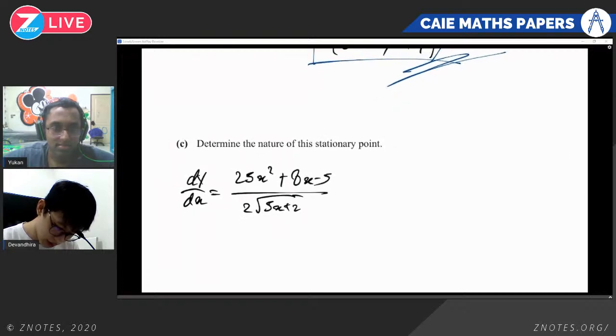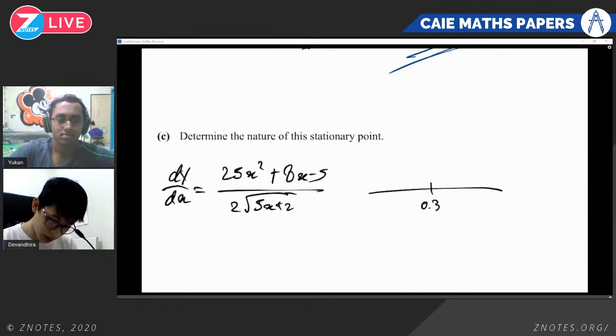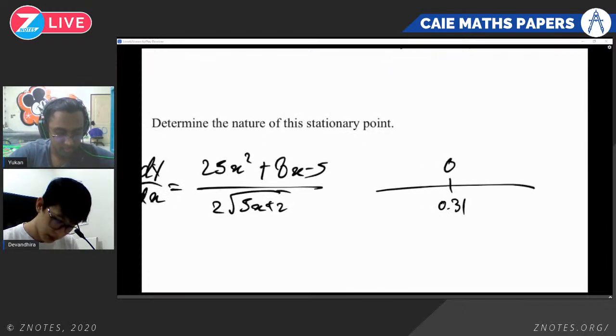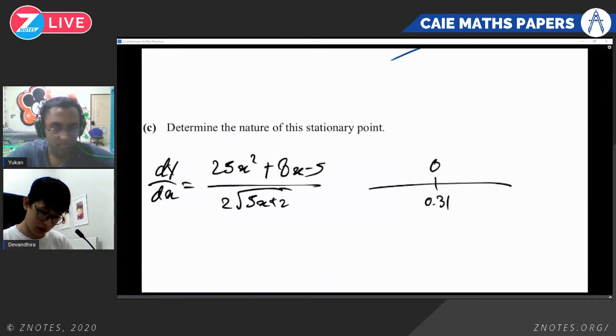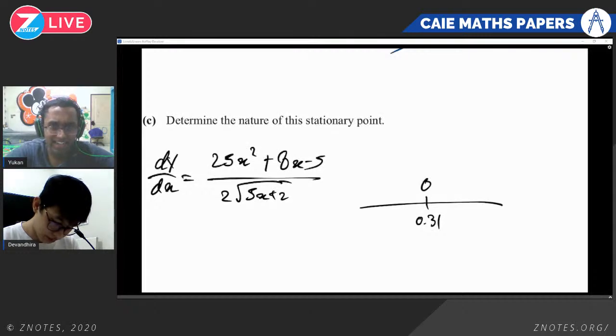All right, so let's do the sign test. When x is 0.31, the gradient is 0, correct? Mm-hmm. What about if it's less than that? We can take a value just slightly less, like 0.30, and that value is negative.